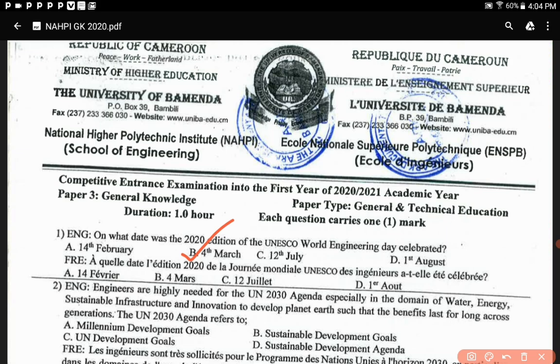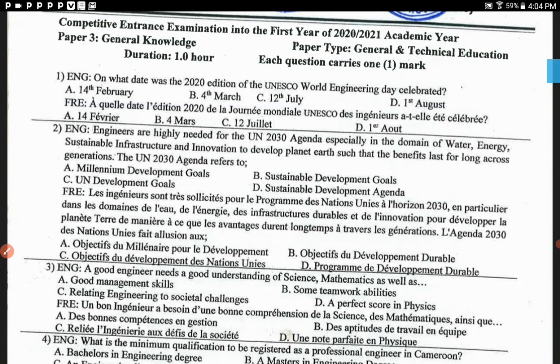Question 2, I read. Engineers are highly needed for the UN 2030 agenda, especially in the domain of water, energy, sustainable infrastructure, innovation, to develop planet Earth such that the benefit lasts for long across generations.